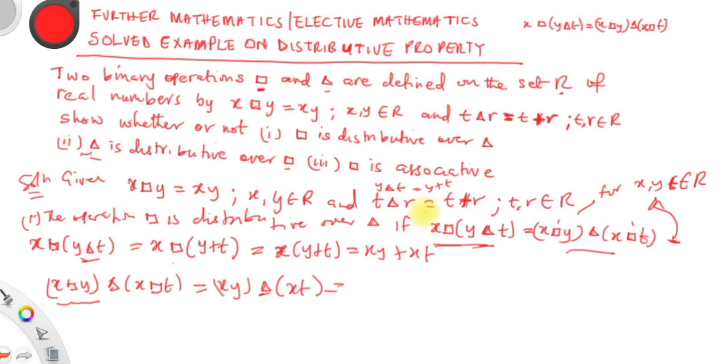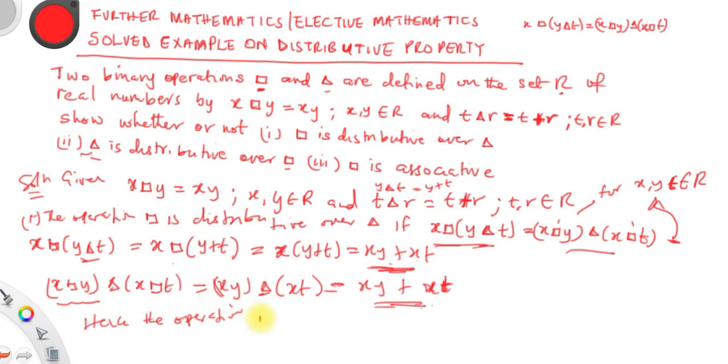T triangle r is equal to t plus r. So it means that xy triangle xt, you get xy plus xt. Interesting. So xy plus xt. You see, this is equal to this. They are equal: xy plus xt.